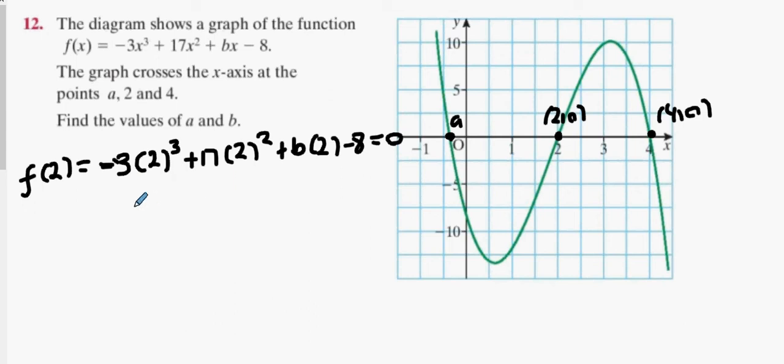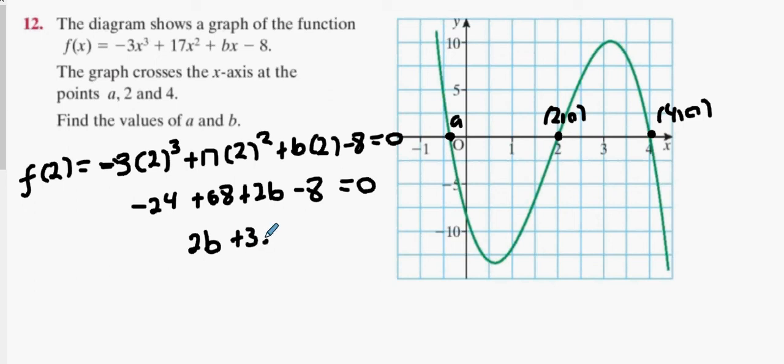That's minus 24. 4 times 17 is 68, 2b, then minus 8, like so. Then 68 take away 32 is 36. Then I'm going to get 2b equals minus 36 and b equals minus 18.